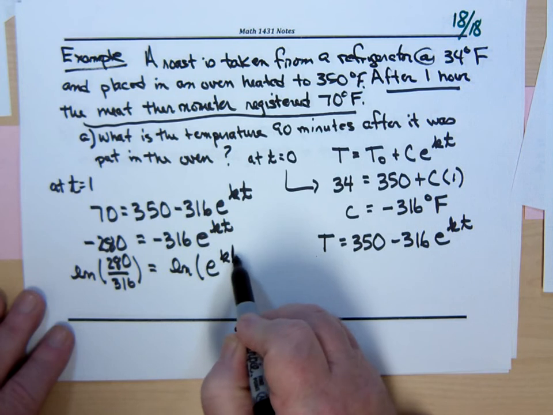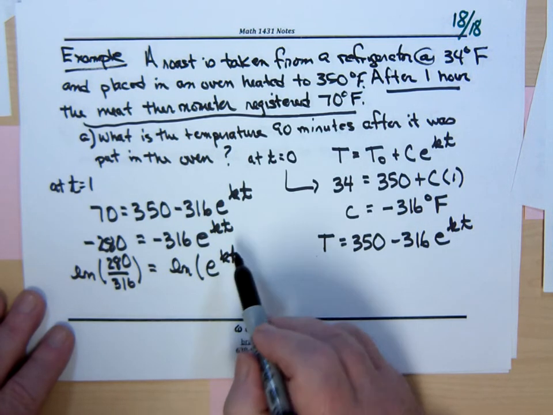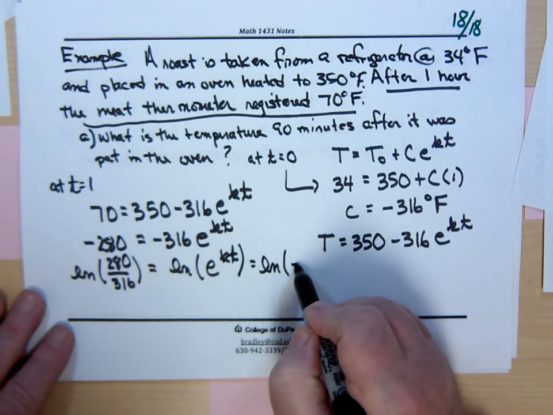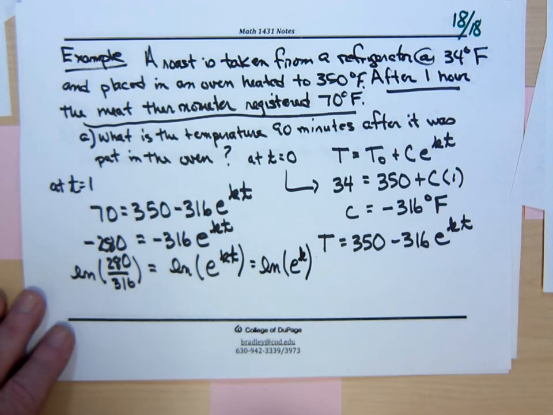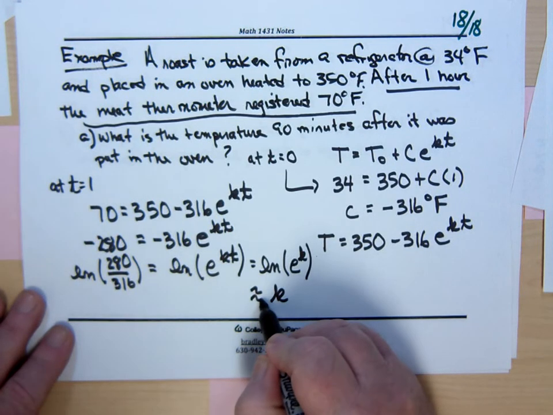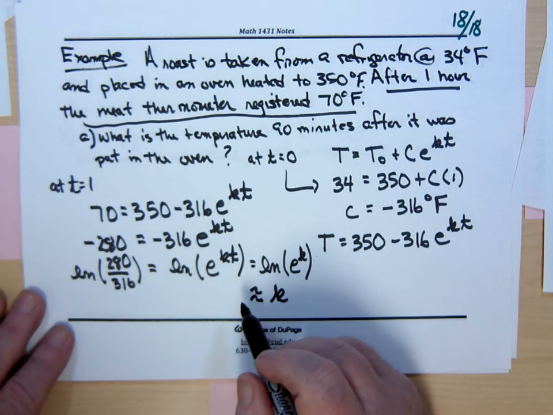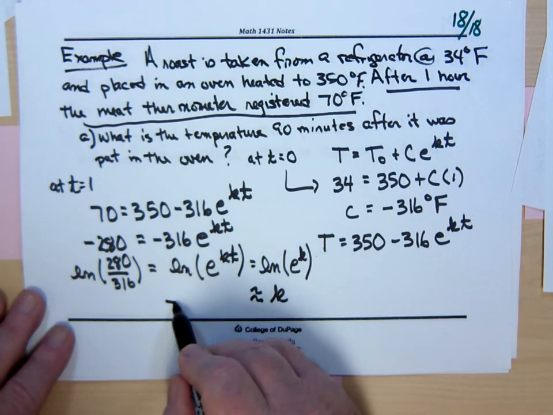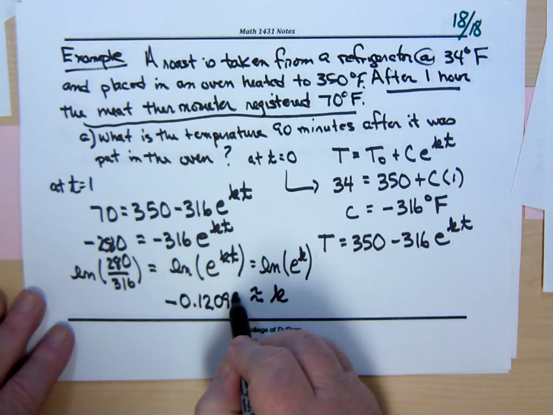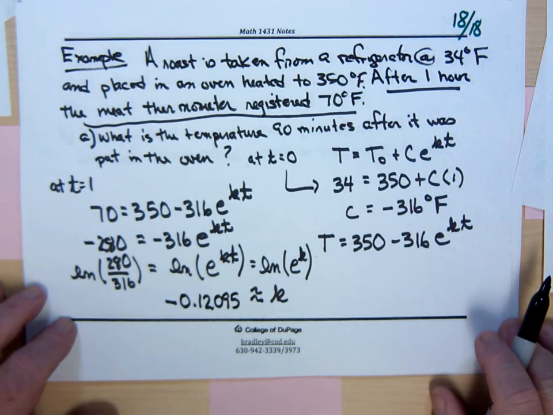And by the way, t is 1 hour, so that is ln of e to the k. So that's going to tell us that k is approximately equal to minus 0.12095. Now the students should check and make sure you know how to get these numbers.